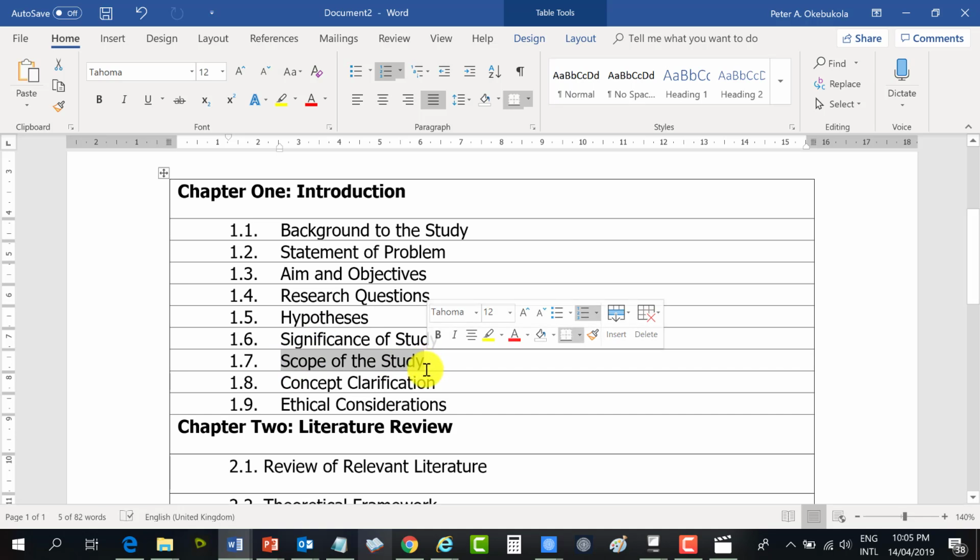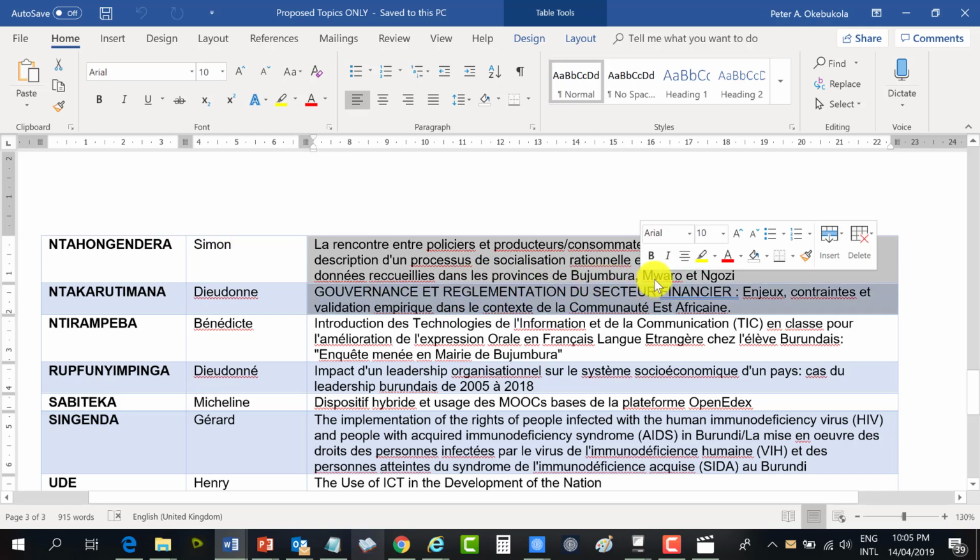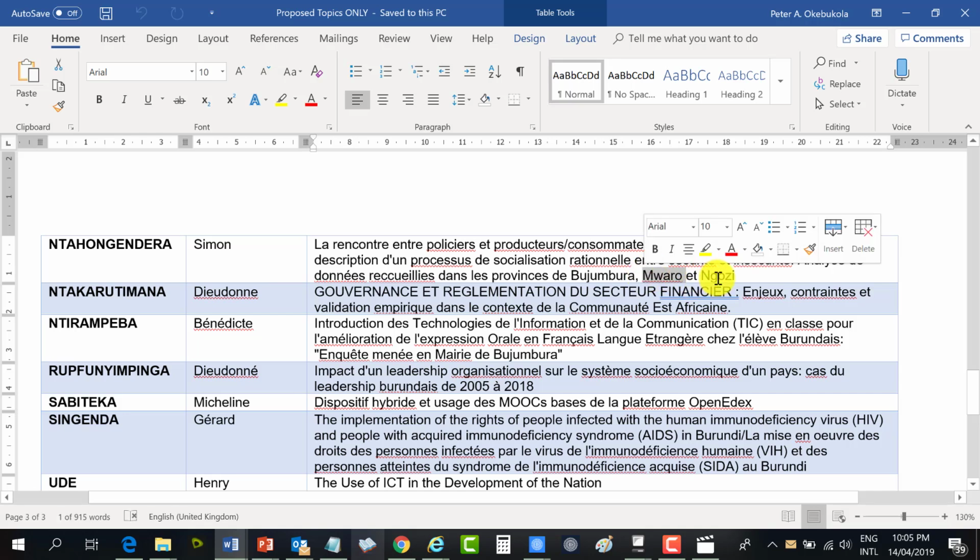As you can see from some of the titles, Simon Ntahongendera. I am so sorry I'm pronouncing your names not so well. Please pardon me. Now, you can see it's looking at the following provinces: Bujumbura, Mwaro and Gozi. So that's the scope of this study.